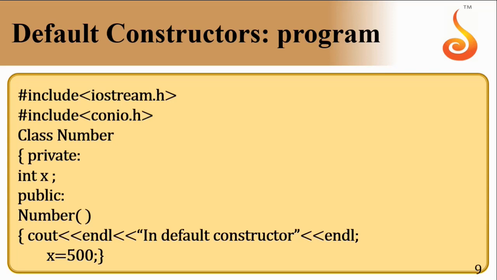The constructor without any arguments, which is invoked automatically whenever an object is created, is a default constructor. A constructor is nothing but a special member function which has the same name as the class name and does not have any return type, not even void, declared in the public section of the class. Now I will explain this program of default constructors.